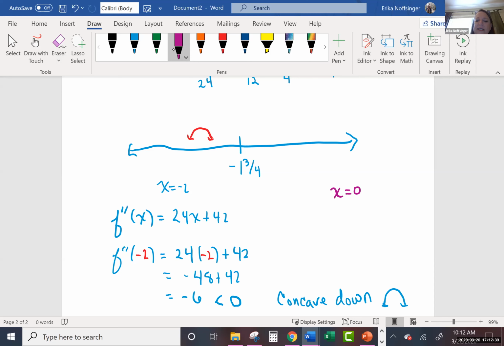And so if I plug in 0 into the double derivative, we get 24 times 0 plus 42. So this gives me 42, which is greater than 0. So that tells me that my graph is concave up.